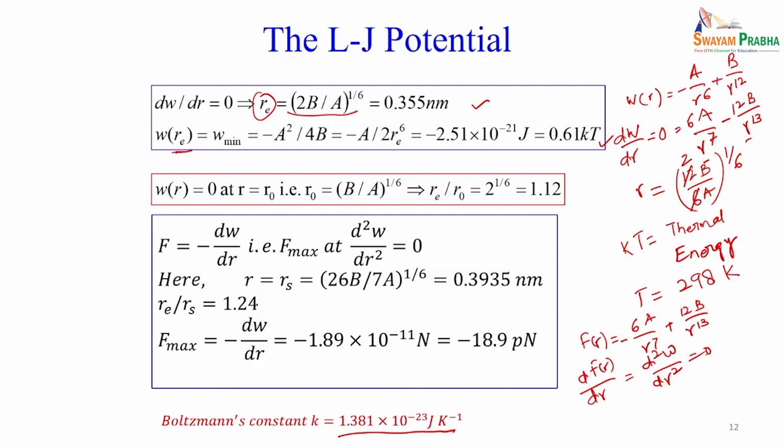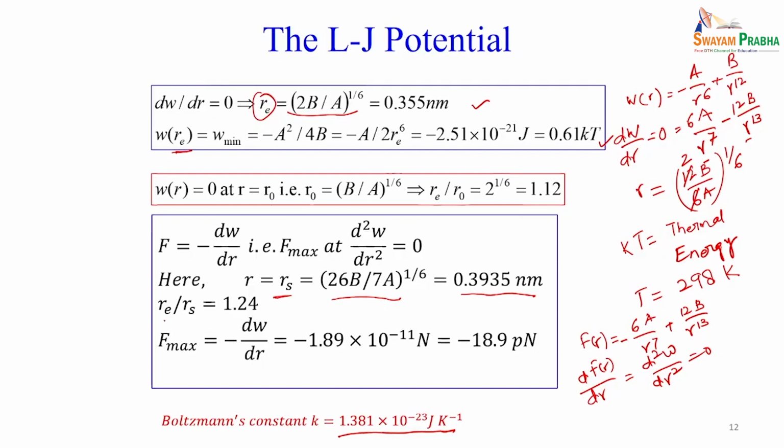If I differentiate it further and put it 0, we will get r equal to 26B upon 7A to the power 1 by 6, and this r is known as r_s. r_s means separation, the distance where the separation between two molecules will take place, and it is coming out to be 0.3935 nanometer.